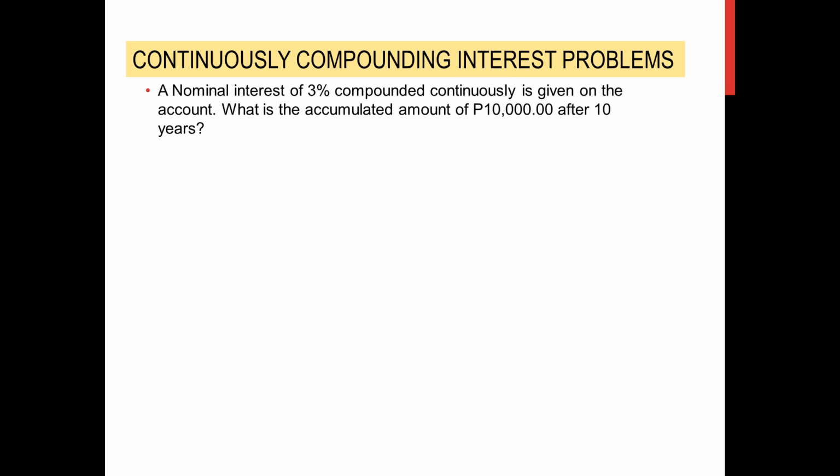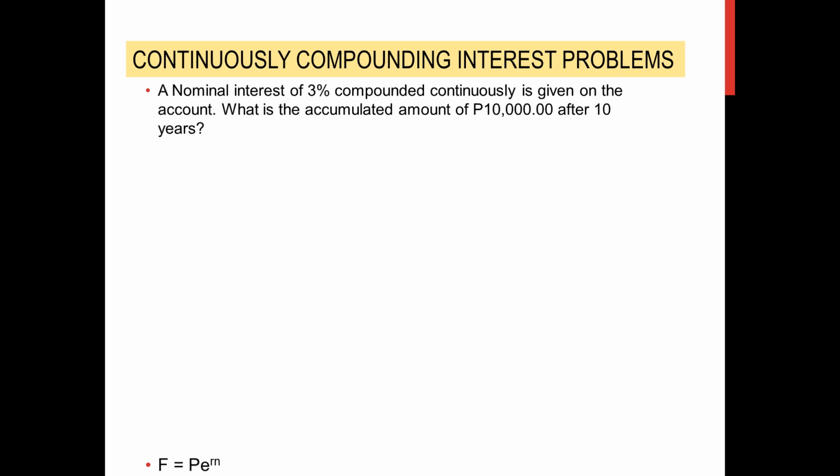A nominal interest of 3% compounded continuously is given on the account. What is the accumulated amount of 10,000 pesos after 10 years? So basically, is 10,000 pesos present or future?